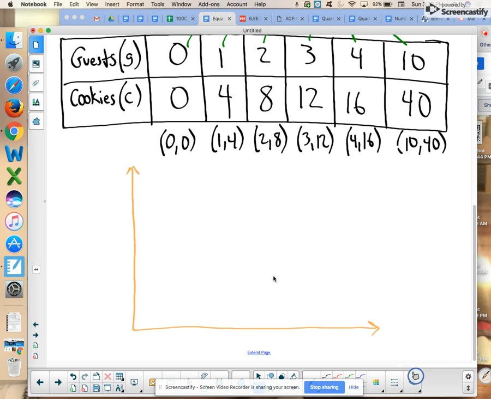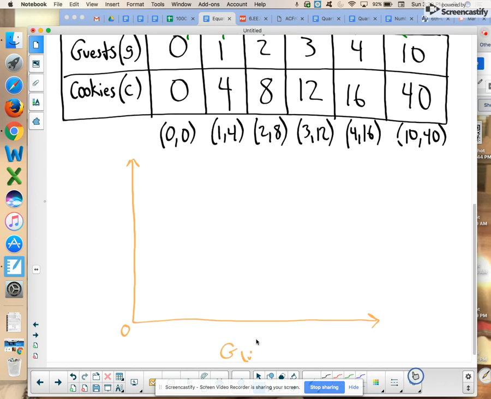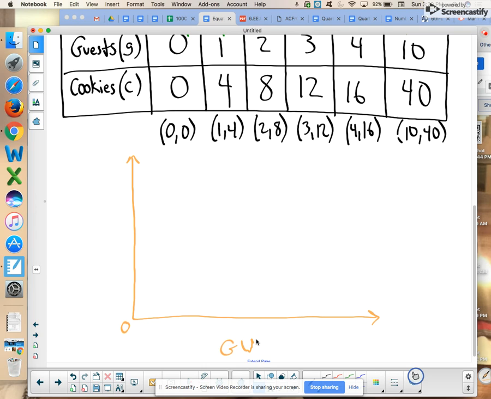The bottom corner here is worth 0, and we have to label what we're going to put on the bottom. Since we know that the independent variable is always our x-axis, we can go ahead and label the bottom as guests, G. And then we can label our y-axis, which is always our dependent axis, cookies, C.